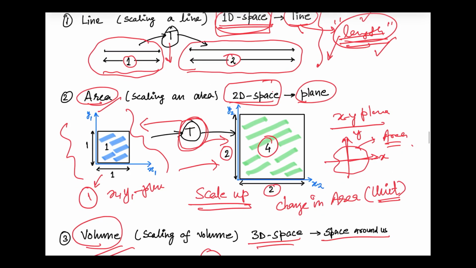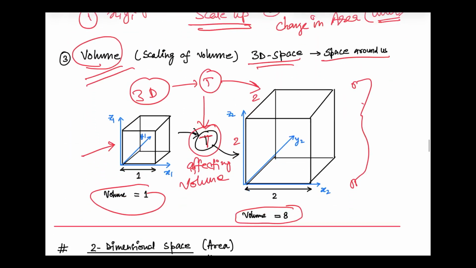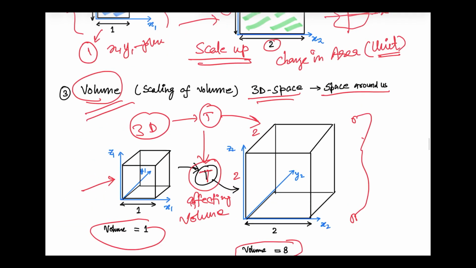In case of 2D space it is the area that is changing, and in case of 3D space it is the volume that is undergoing the change during the transformation. And the scale by which it is changing is given by the determinant of the matrix, or better to say the determinant of the transformation matrix, which is M in this case.